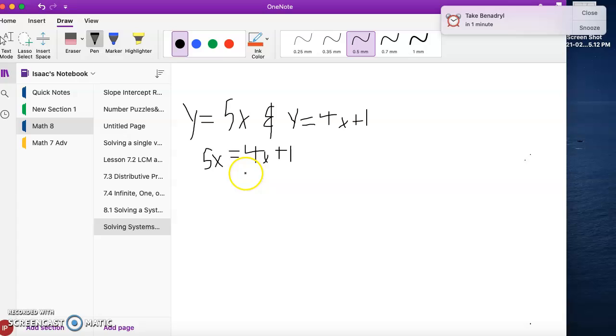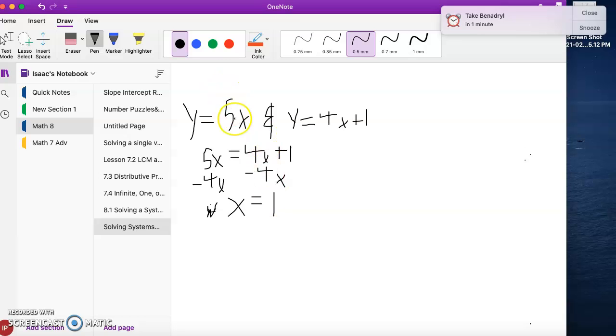I'm going to subtract 4x from both sides. And I will get just x equals 1.